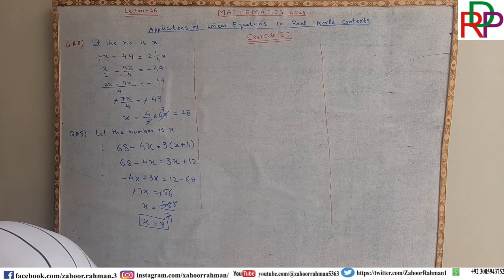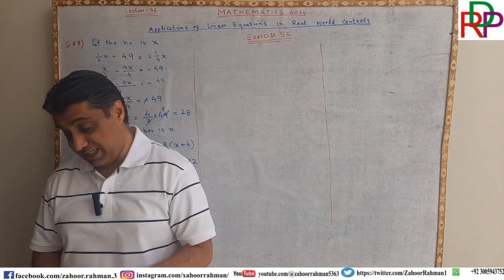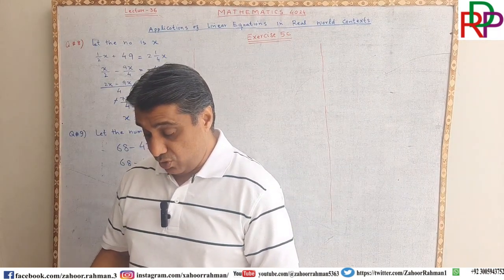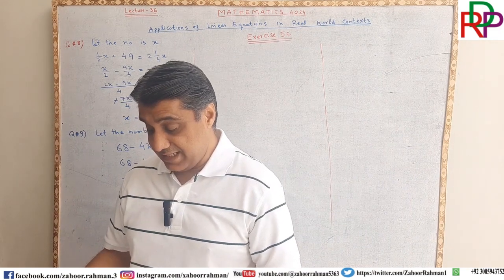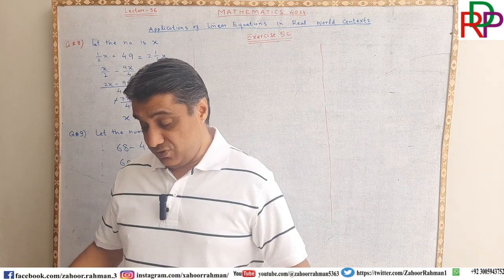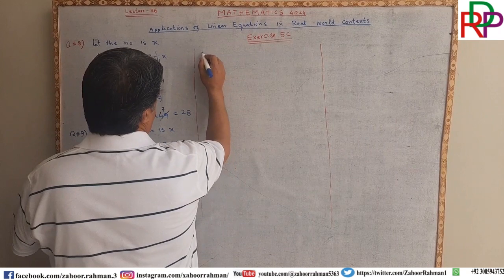Now let us do question number 10, and question number 10 is saying a man is 6 times as old as his son. What is the age of the son? We don't know, so we have to take it as x.